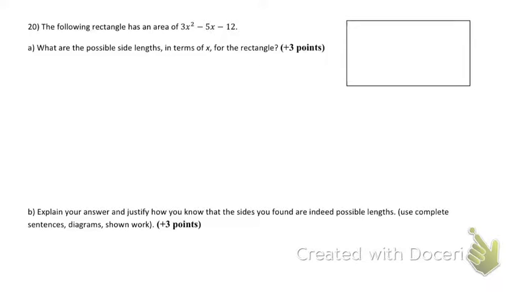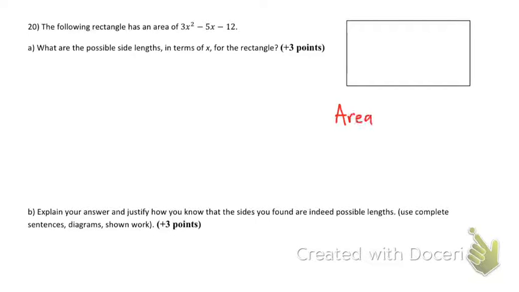All right, number 20. I'm going to do my best to explain it. It shouldn't be too difficult if you understand what we're doing, okay? So the key here is this. If you look at number 20, it says the area of this rectangle is this polynomial. So real quick, I want to explain something.